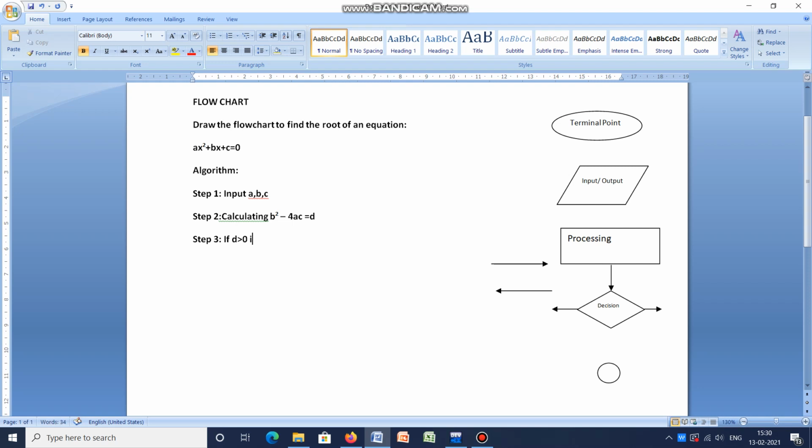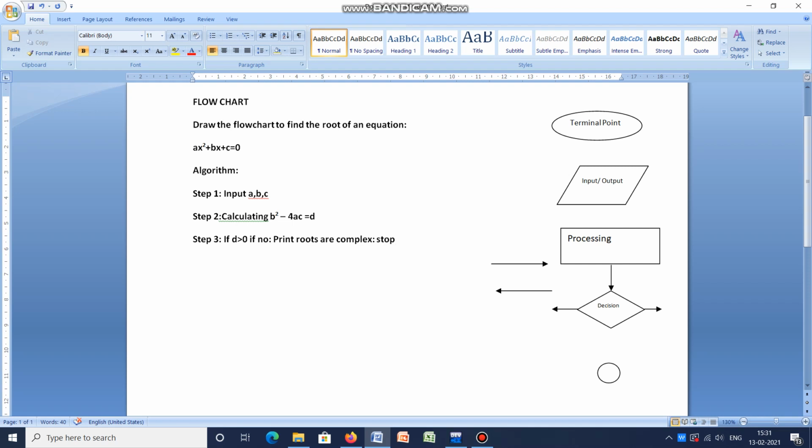If no, then I have to print that roots are complex, and I shall stop. I am not bothering about the imaginary roots; I shall consider the real roots only. So if roots are complex, I shall stop.